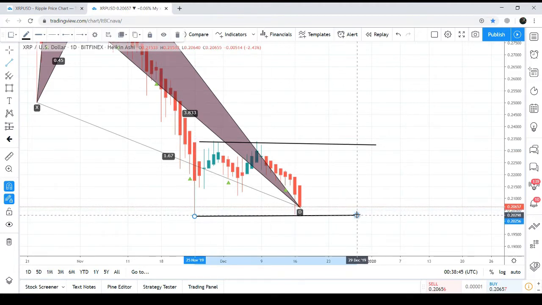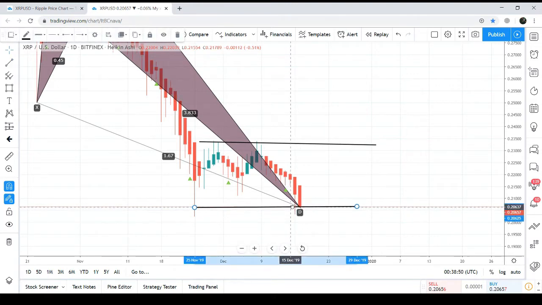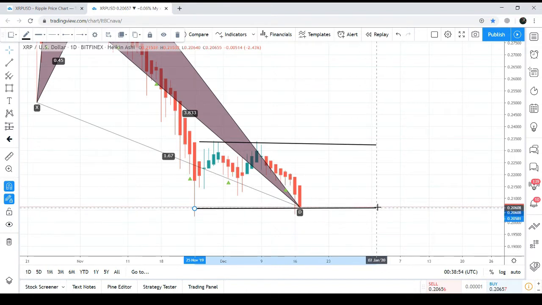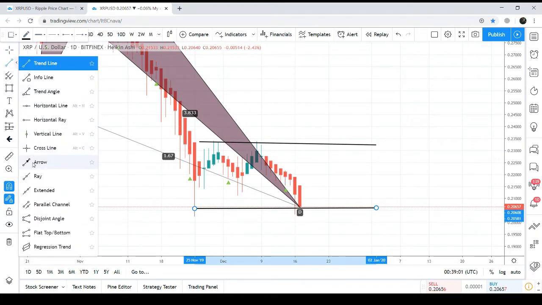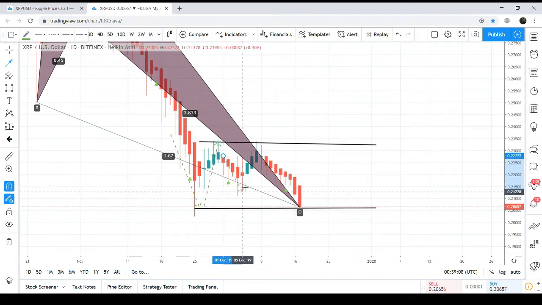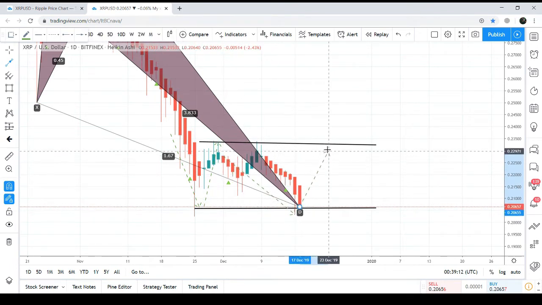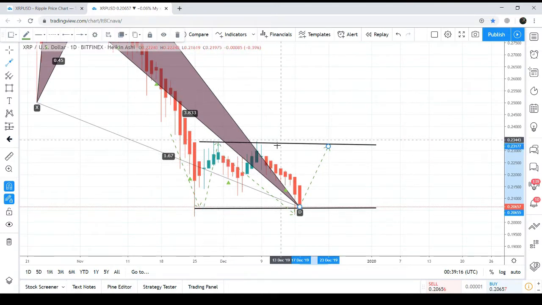And you can see at this time the price action is hitting the support of the channel, and it can be a double bottom like this. This is the first bottom, and this can be a double bottom. And we already have two touches at the resistance of the channel.